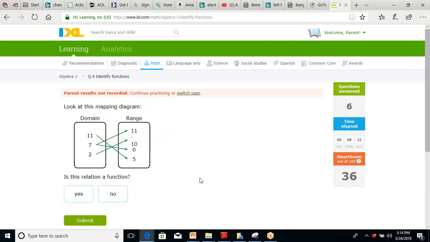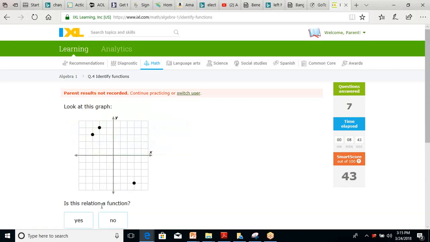Good. All right. So is this relation a function? So each x value has to be paired with just one y value. 7 is paired with 11 and 7 is paired with 0. So it's not, right? So what about this one? So each x value, x value 1, this x value 1, this x value 1. So this is a function.